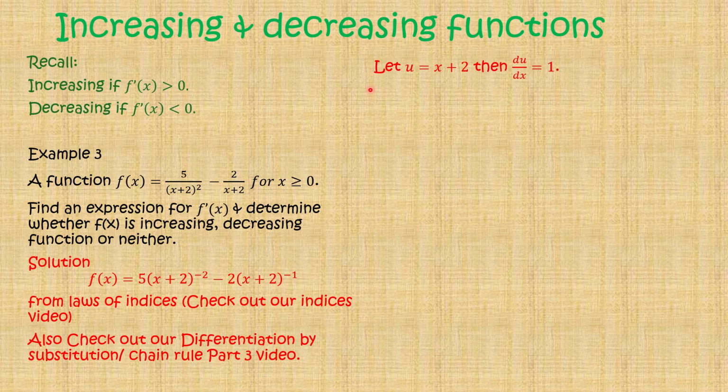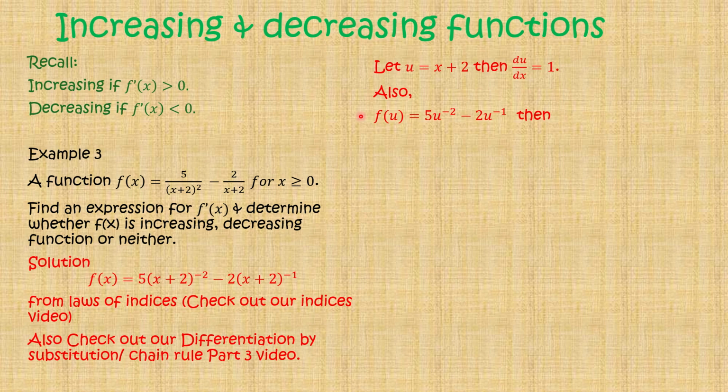Now we let u, which is the inner function, be x plus 2. In order for us to find du dx, we differentiate that so that we get du dx of 1. And also, we know that f of u now, instead of having x terms, we are substituting with the u terms.